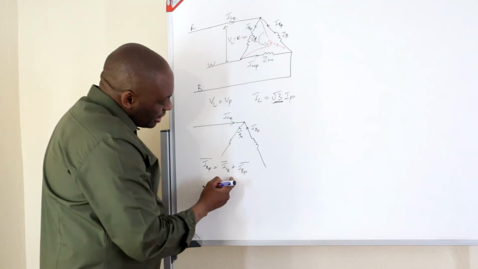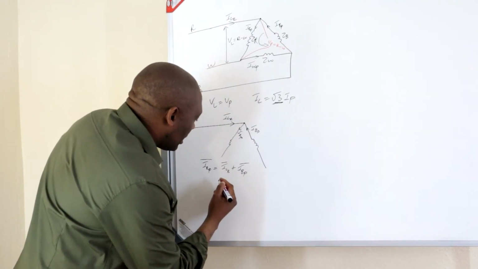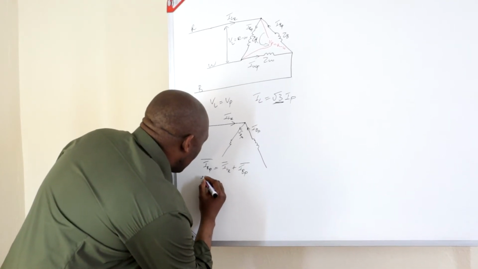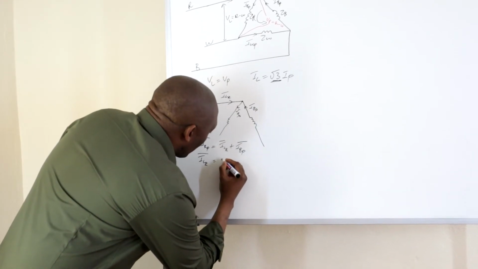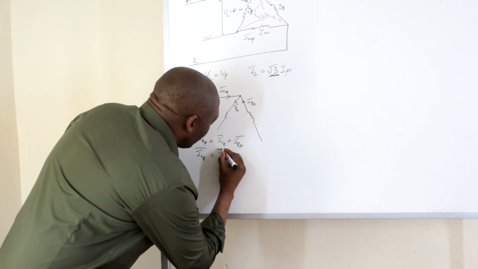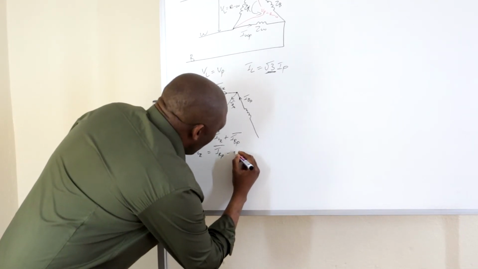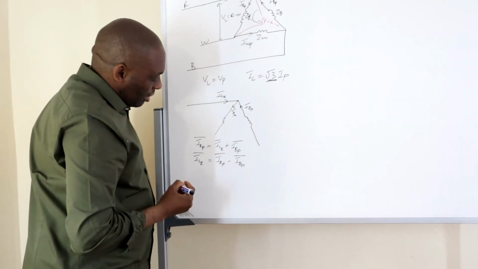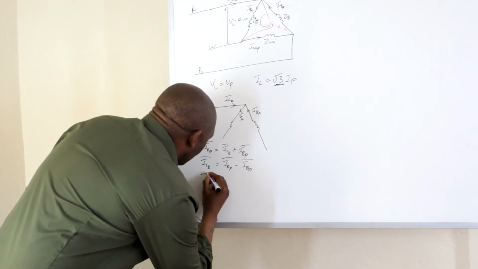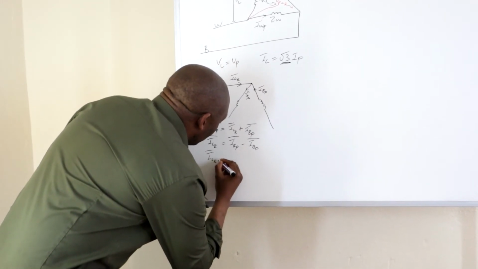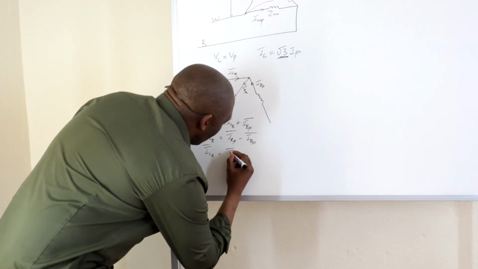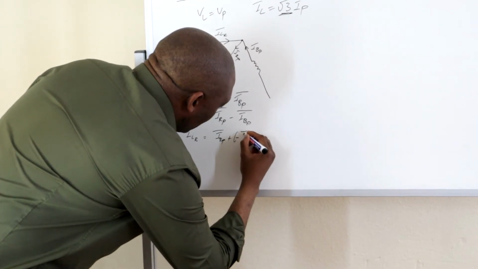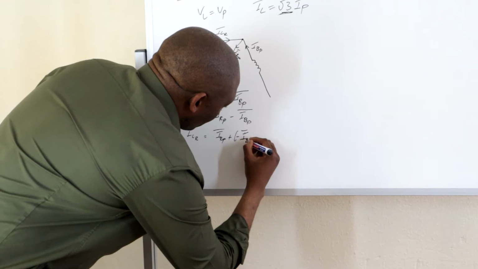But this equation can also be represented like this: your ILR is equal to your I red phase minus your I blue phase, and your I red line is equal to your I red phase plus, in brackets, minus I blue phase.